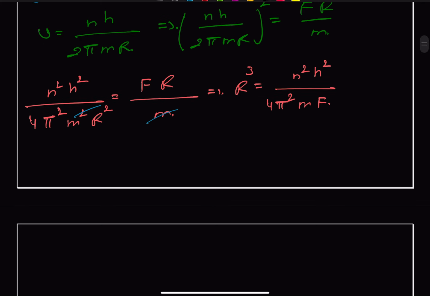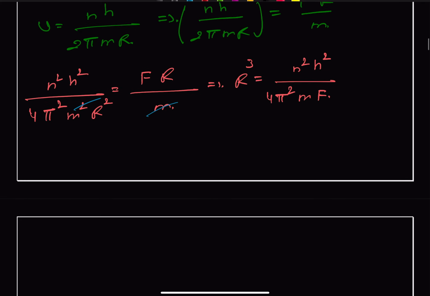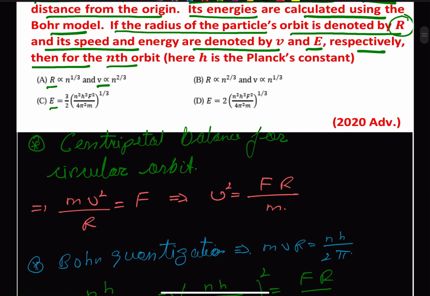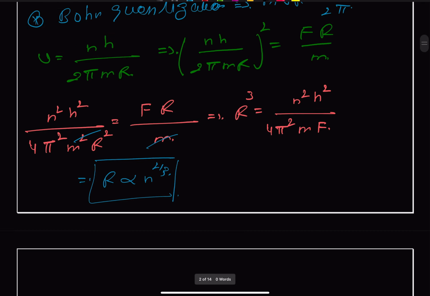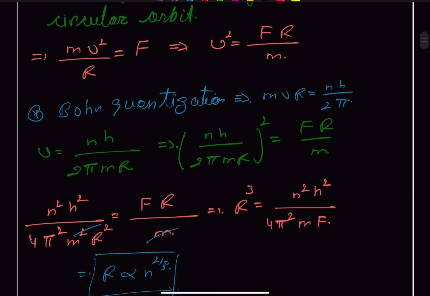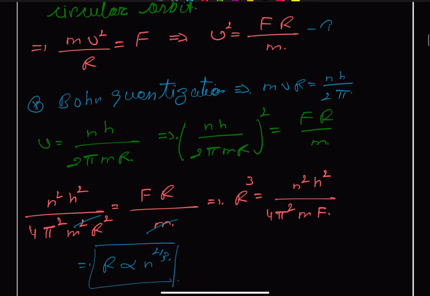And because radius options are in terms of n proportionality, therefore we can write that our radius is proportional to n raised power 2 by 3. And velocity, let me call this as equation number 1.